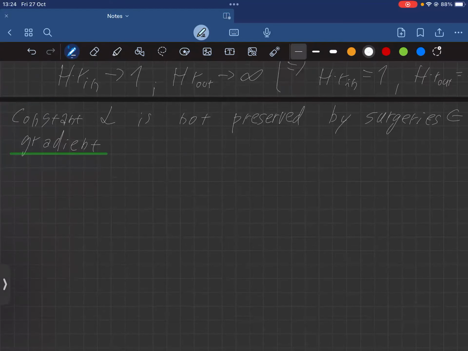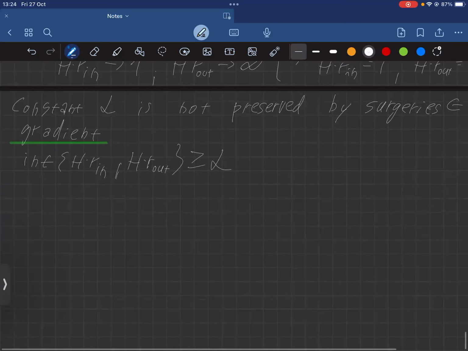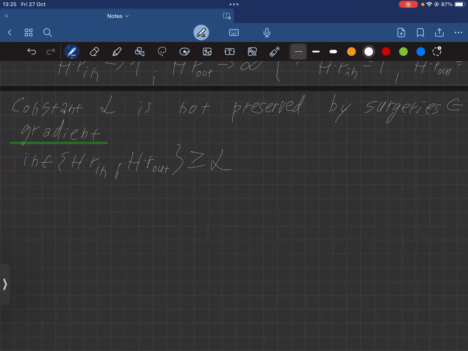I'm not going to mention all of them, but the important ones are that the infimum of H times R in and H times R out is greater than or equal to alpha. This means it's alpha non-collapsed, but also we have balls from the outside with this ratio at least alpha. Sometimes these flows are called alpha-noncollapsed in the literature, I believe.